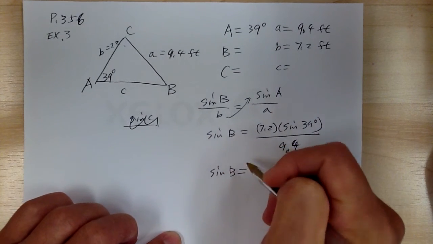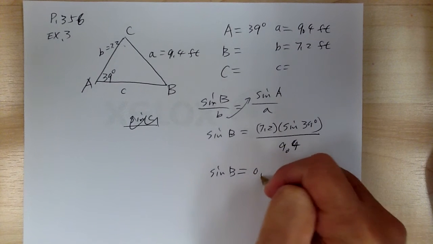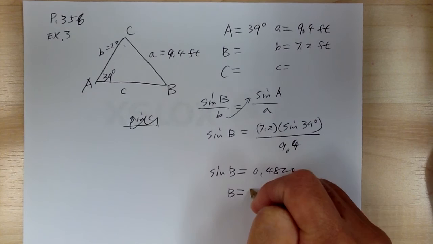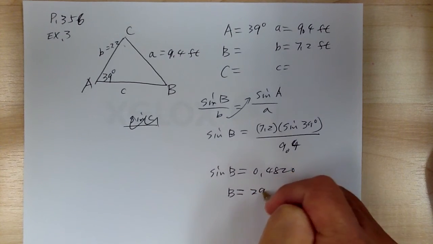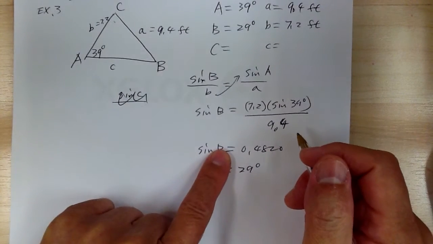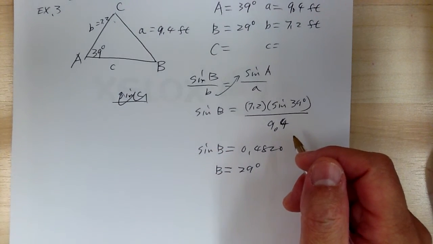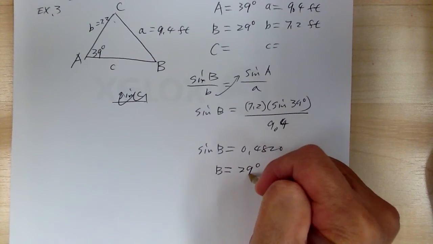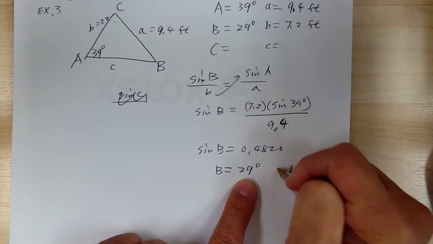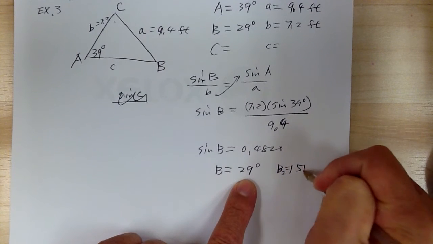Sine B is equal to 0.4820, so angle B equals 29 degrees. Now remember, whenever you use the law of sines to get an angle, you have to think about the second angle. The other one would be 151, so B2 would equal 151 degrees.